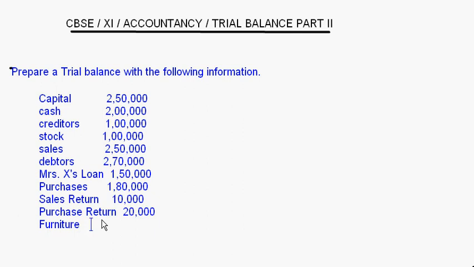Furniture is 50,000. And bills payable is 40,000. This is the information that is given to us. We have to prepare a trial balance with this information. We'll be following the balances method.